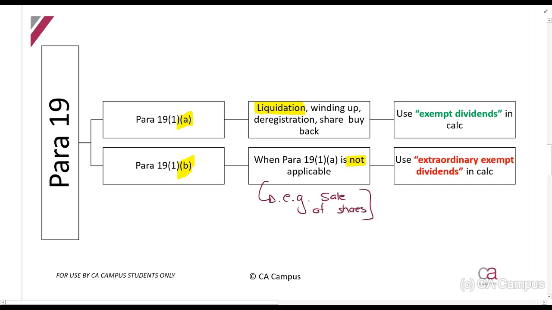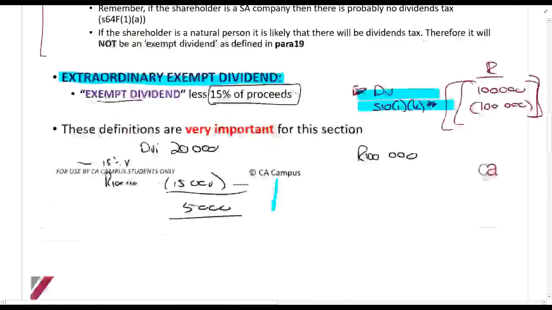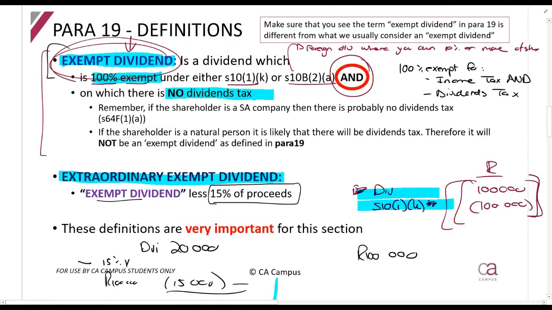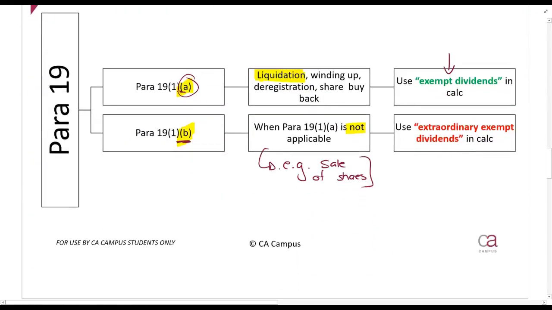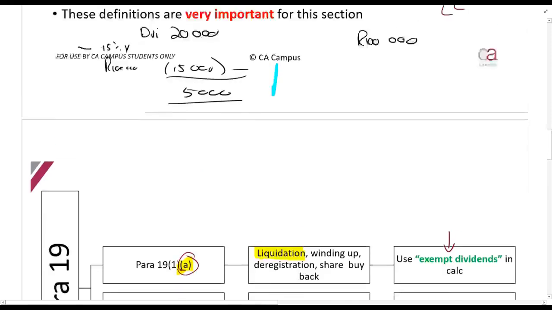This is the most common one. Paragraph 19(1)(b) is if you sell shares. Paragraph 19(1)(a) is if it's a liquidation. Now, for paragraph 19(1)(a), you will use the exempt dividend calculation or amount, that amount. And for paragraph 19(1)(b), you will use the extraordinary exempt dividends amount.